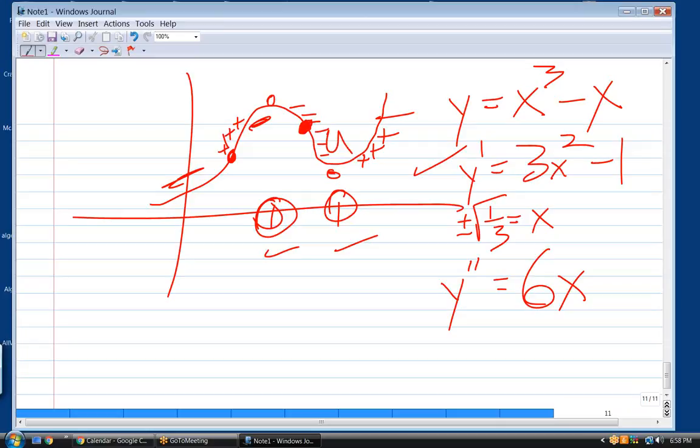So whenever you switch concavity, the point at which you switch it is the inflection point. And typically, the inflection point is where the second derivative is equal to 0. And that's stuff you've been learning already. In other words, that's what your test probably had a lot of.